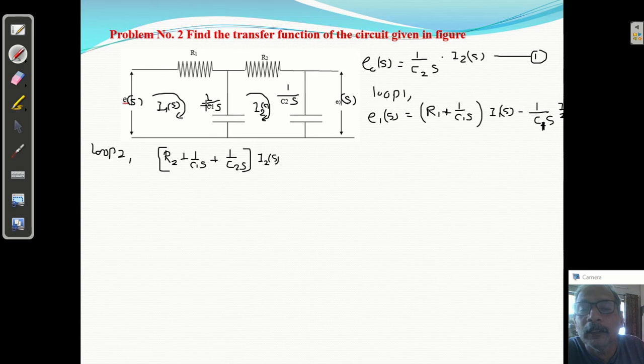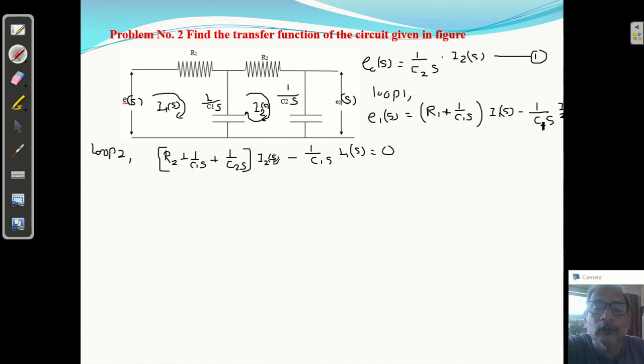This is going upward, this is going downward, so minus 1 upon C1 S into I1 of S. Equal to what? No source, equal to 0.